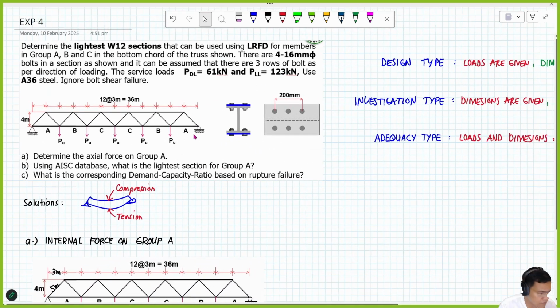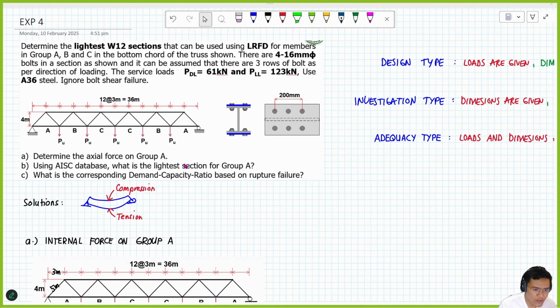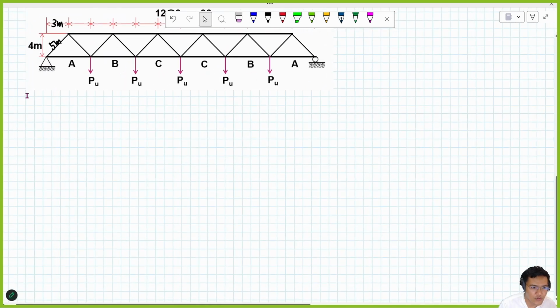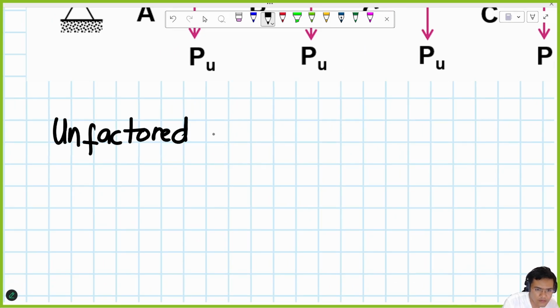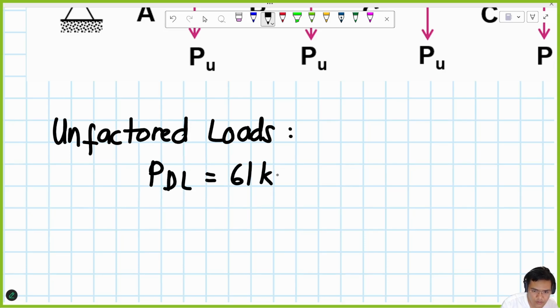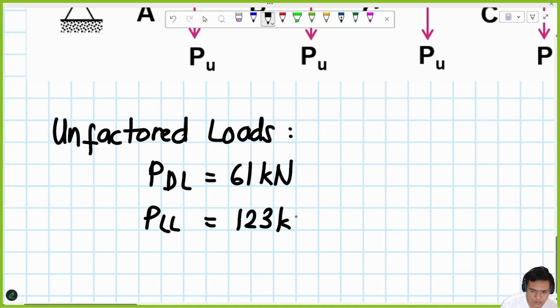So first step is to list out yung mga given, so obviously yung ating unfactored loads. Number 1, yung due to dead load which is 61 kilonewton, and number 2, yung due to live load equals to 123 kilonewton.